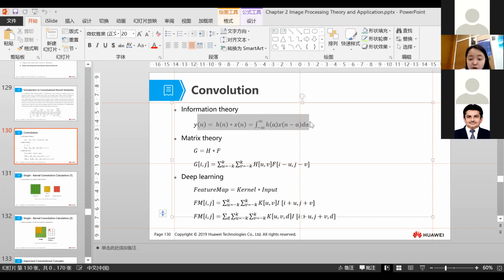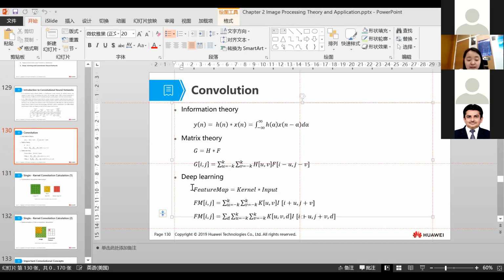This is the equation for convolution, a discrete convolution calculation, and this is the convolution calculation in deep learning.